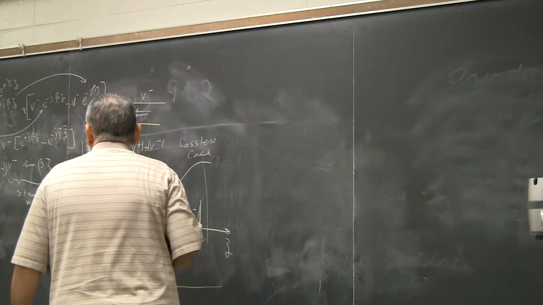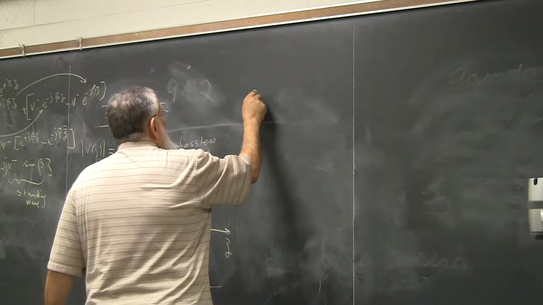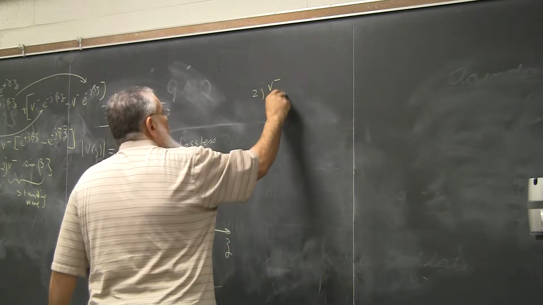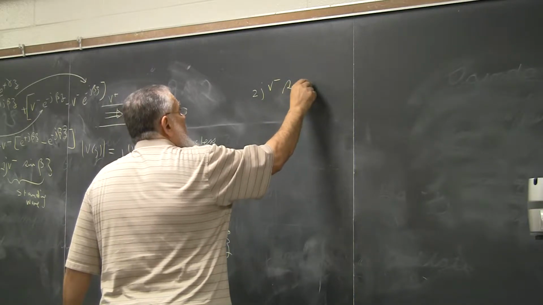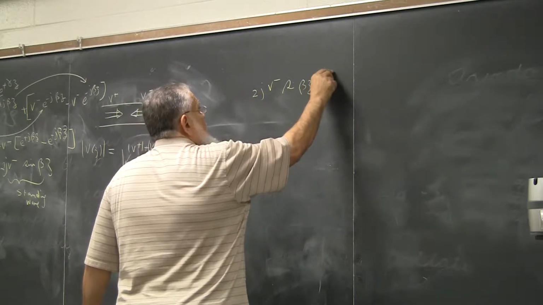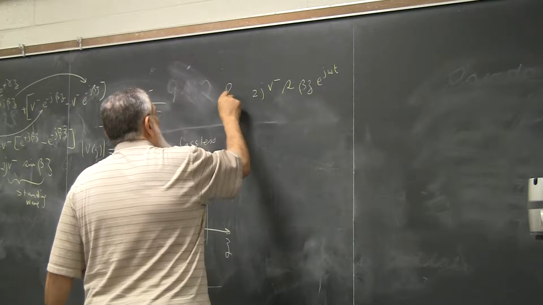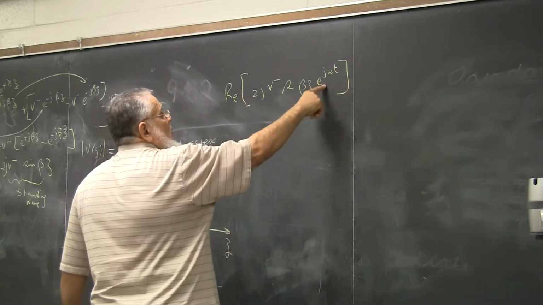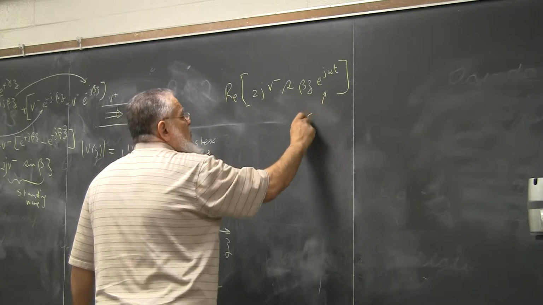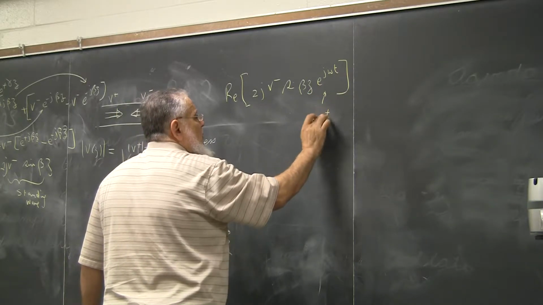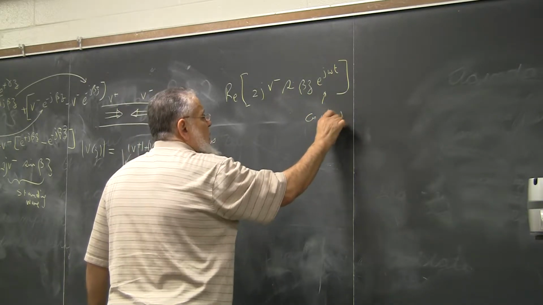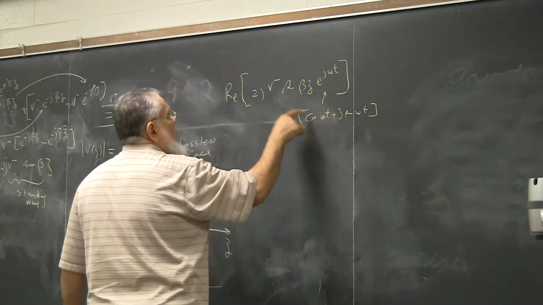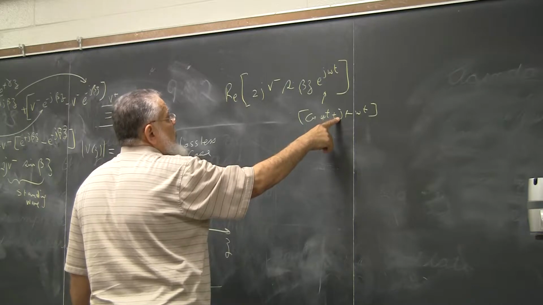So what do you end up with? 2j v minus sine beta z, multiplied by e to the j omega t, and take the real part. Well, here you end up with cosine omega t plus j sine omega t. And when we take the real part, the j and the j gives you the real part here.